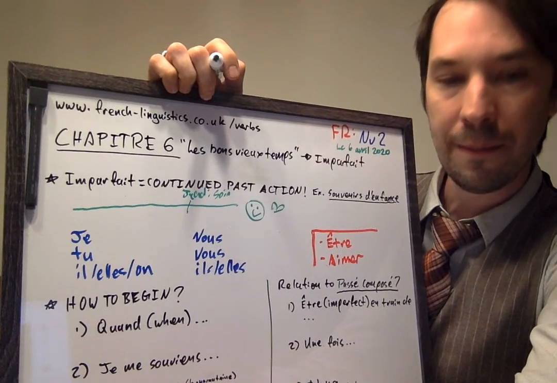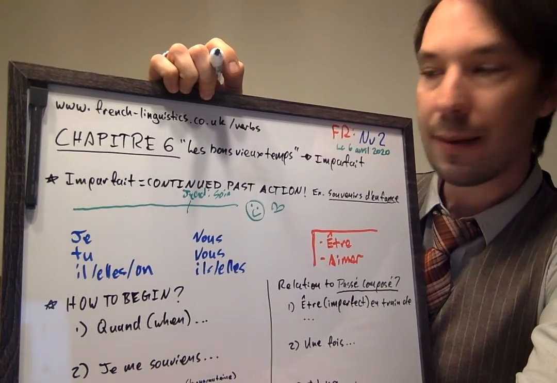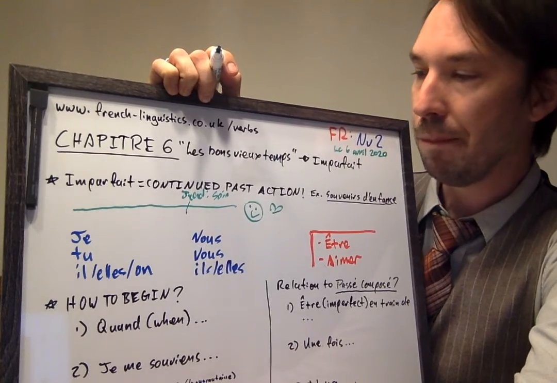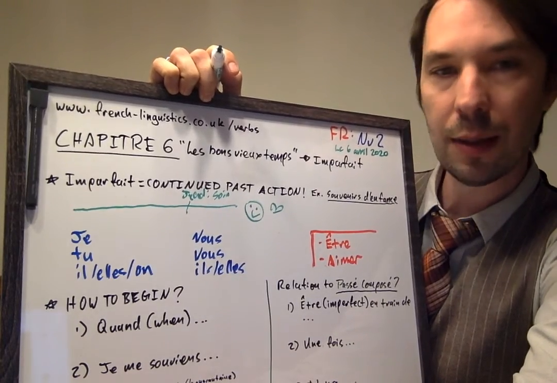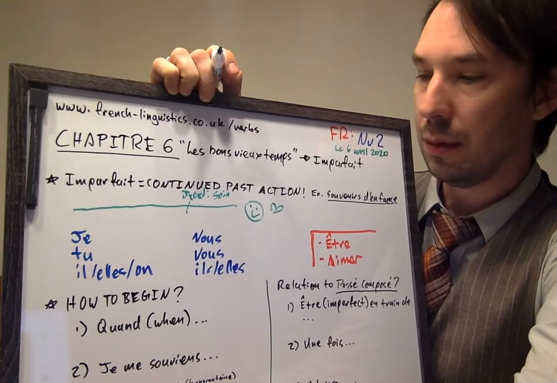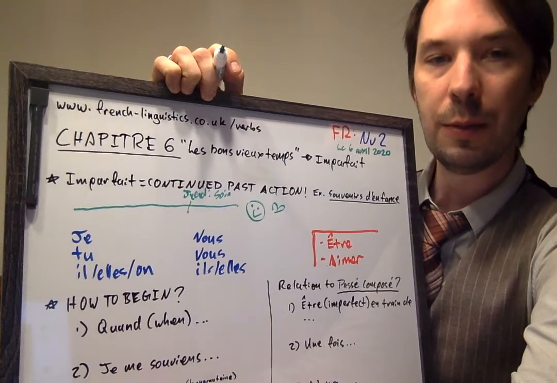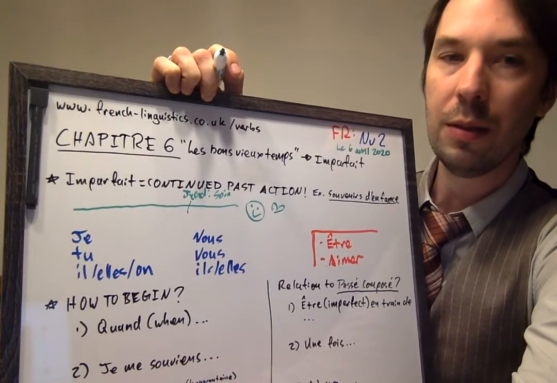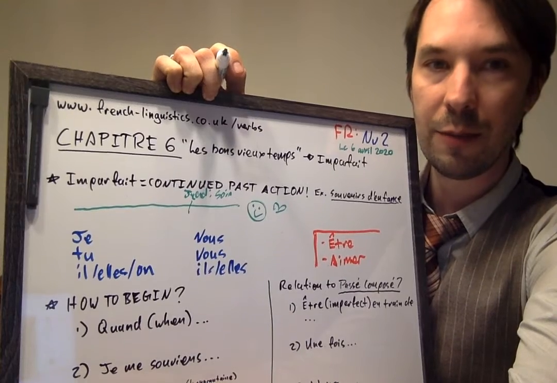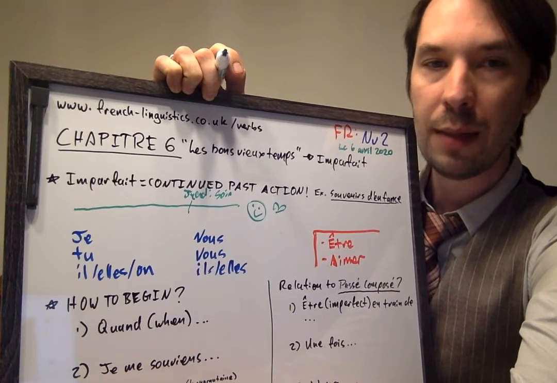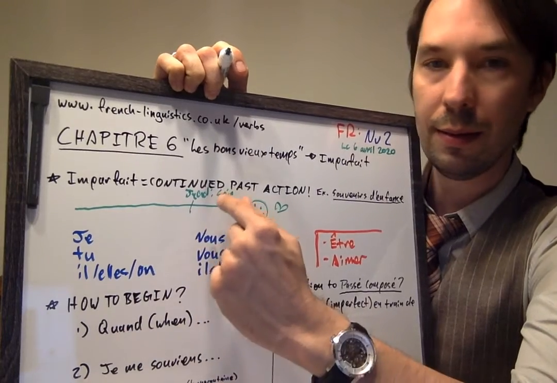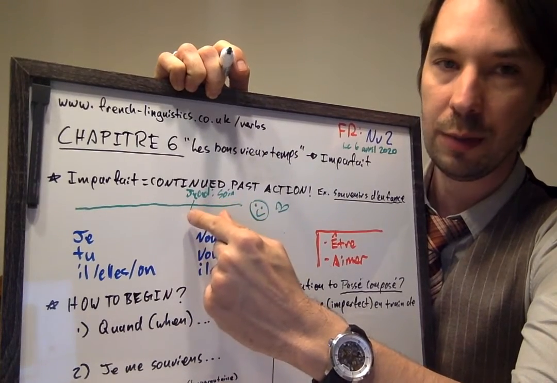Jeudi soir, j'ai appelé ma mère. Thursday evening, I called my mother. Jeudi soir, nous sommes allés au cinéma. Thursday evening, we went to the cinema. So in all of these instances that I've mentioned so far, the action began and completed at this particular moment.